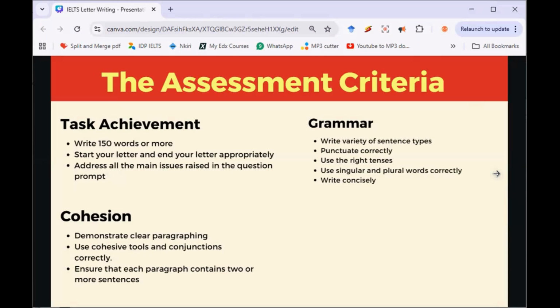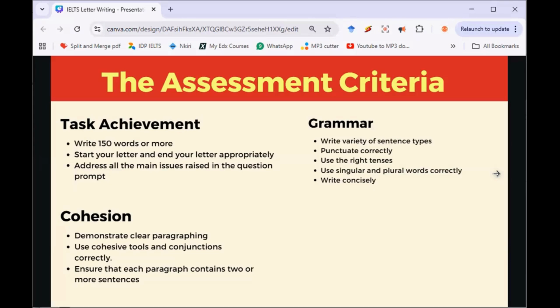We have simple sentences, compound sentences, complex sentences, and compound complex sentences. All these 4 types of sentences should show up in your letter. You're going to see me when I show you examples very soon of all those sentence types. So that's part of grammar.